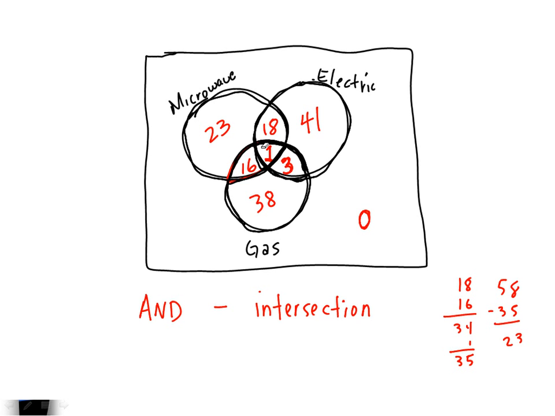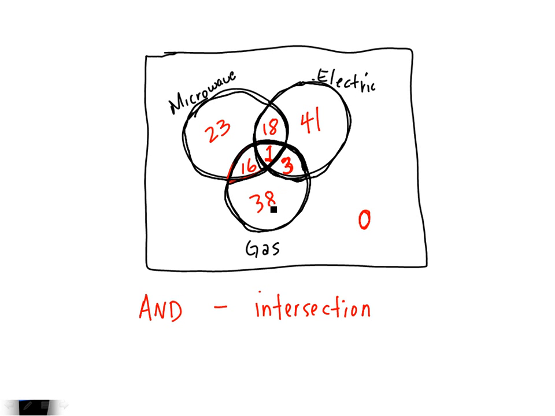What if I ask you, how many people use only one of these three things? Only one, or exactly one thing, that'll be the 23, because 23 people only use the microwave, 41 only use electric range, and 38 only use gas.